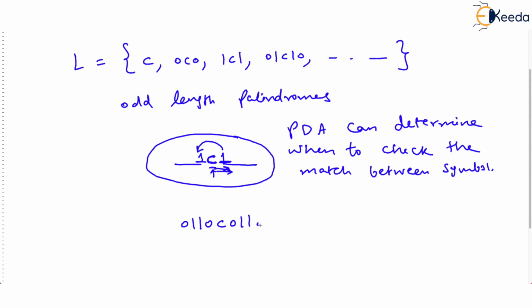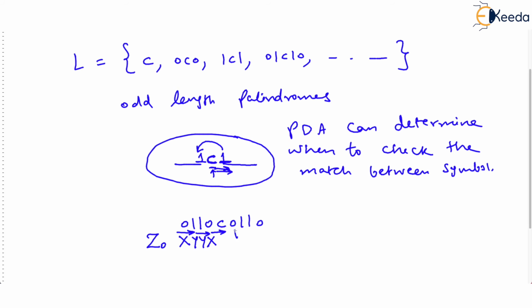Surely this is 0 1 1 0. You recall the stack initially stores Z0. Now as the PDA proceeds in the string, it will keep pushing X for 0, Y for 1, Y again for 1, X for 0. I hope you recall this example. And then when it encounters the center, it takes no action. It only registers that it has found a center.